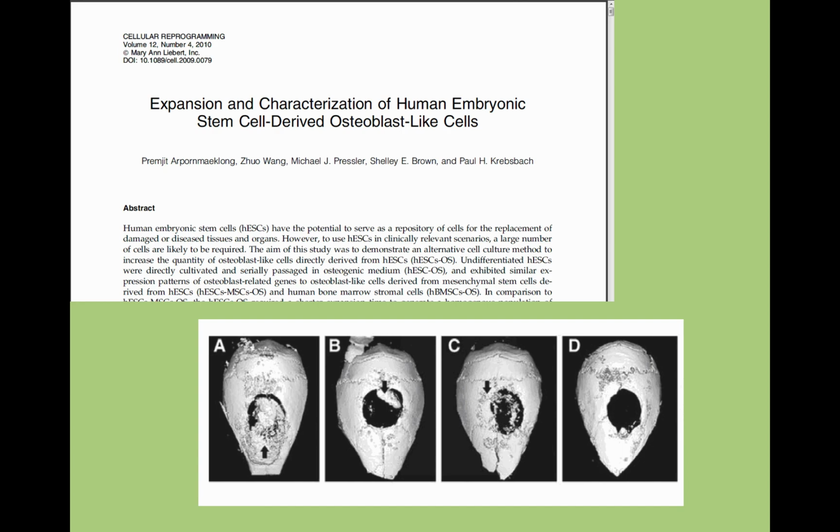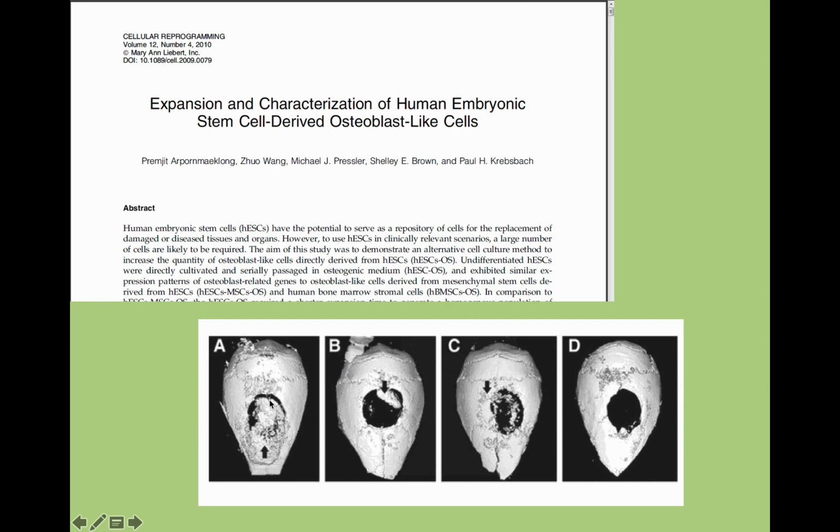This image is from a paper that was published by a lab that I worked in, expansion and characterization of human embryonic stem cells derived osteoblast-like cells. So what we were trying to do is we were creating these defects in rat skulls, as shown here in D. We were seeding embryonic stem cells that we had differentiated into osteoblast cells, so bone precursor cells.